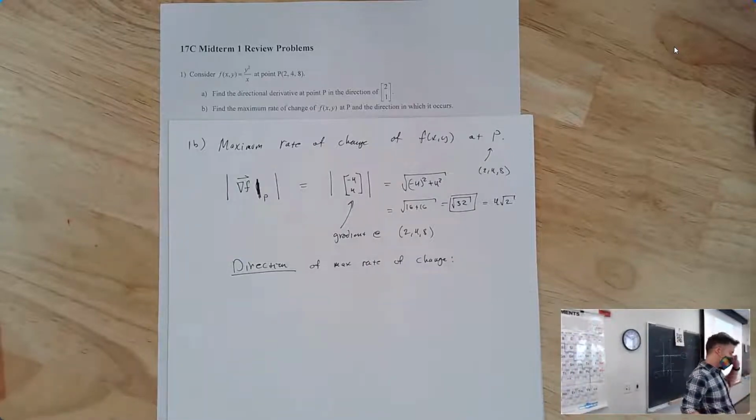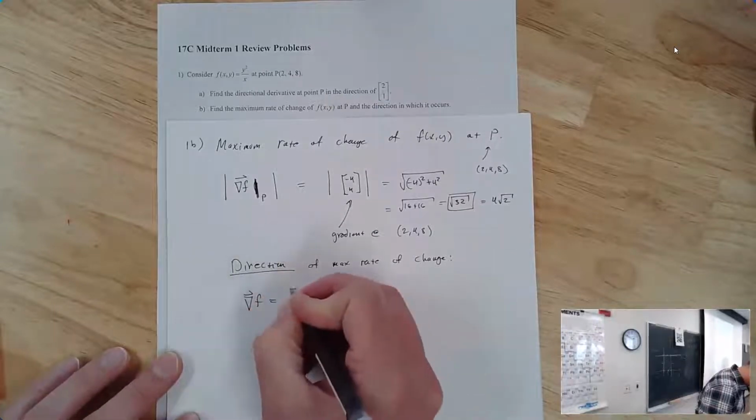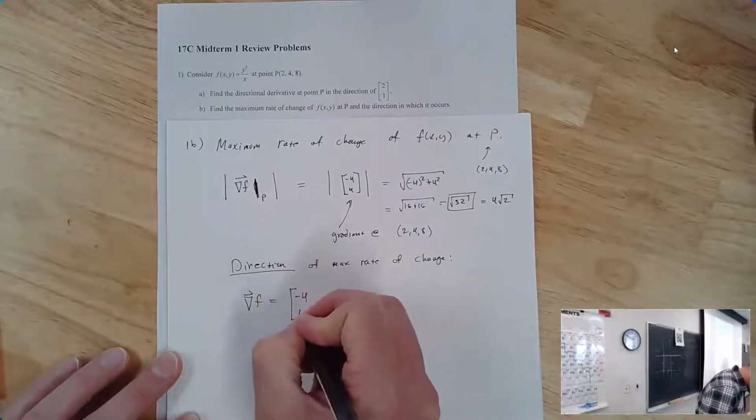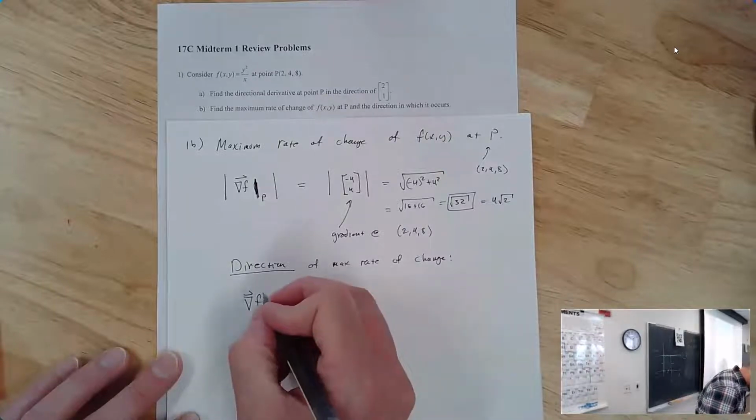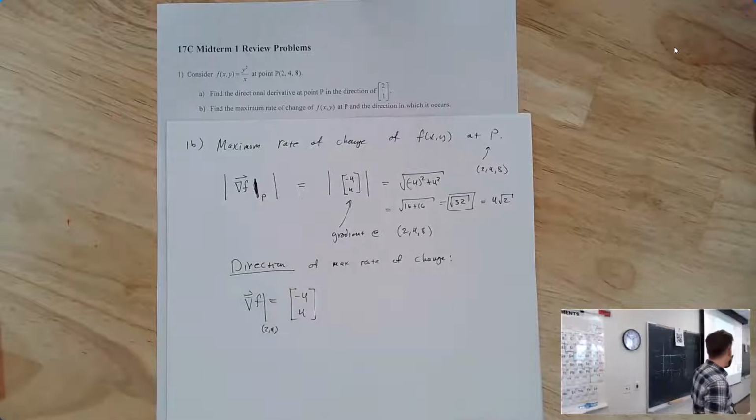But here's what I want to make extra clear. It's probably going to be the case that this is probably not the answer. Why is it not the answer? Because it's not a unit vector.